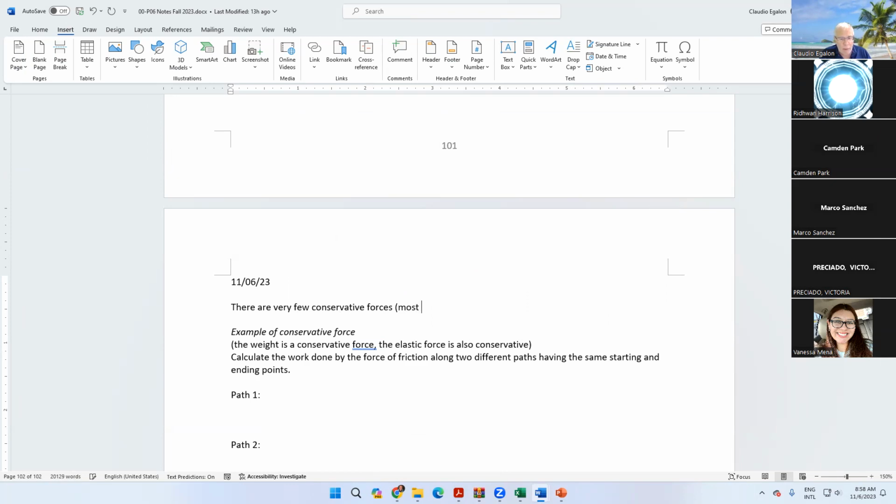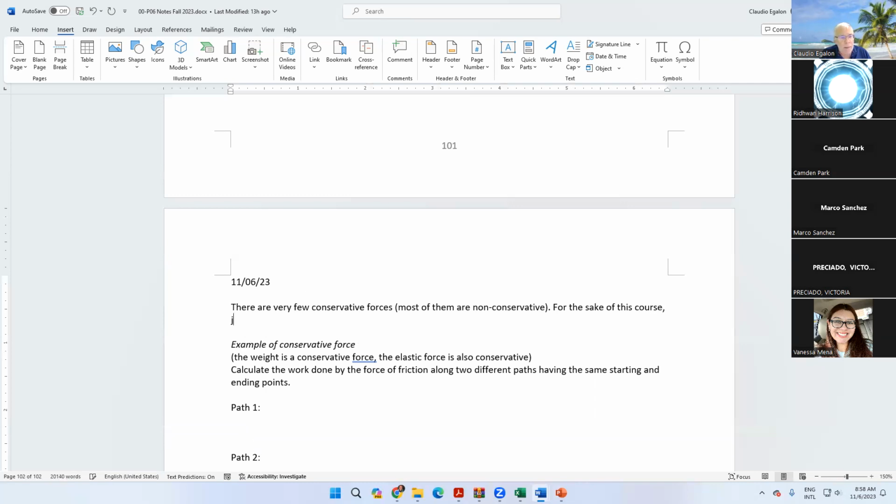Most of them are non-conservative. So for the sake of this course, memorize the following conservative forces.